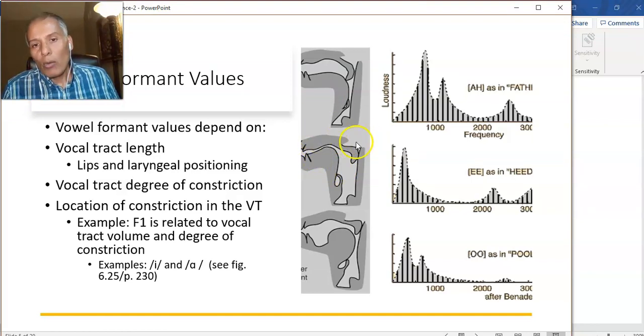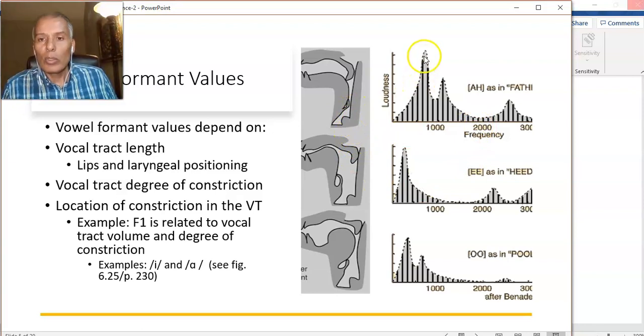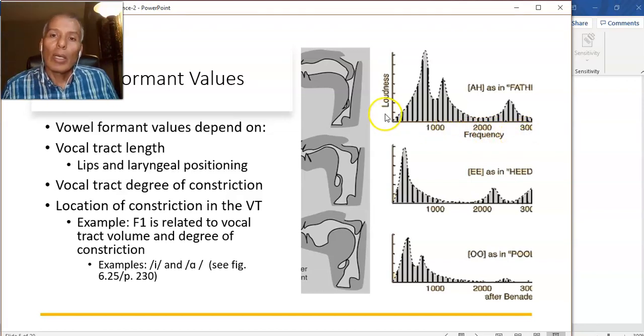So now for F1, which is going to be for "ah," look at F1. Here we have 1,000, 2,000, and the frequencies go this way. The amplitude goes this way.